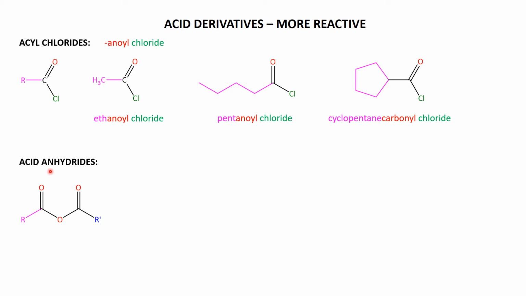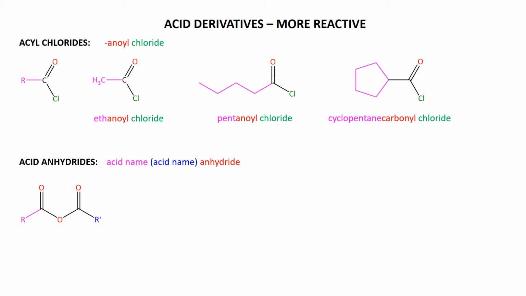So it's 2 acids put together that have lost water, hence the anhydride. If acyl chlorides are the most reactive acid derivatives, which they are, acid anhydrides are the second most reactive. Again, you have to be very careful. If you have these close to water, then they will readily hydrolyze and get back to just the 2 acids again. Both of these are very reactive with water, so you have to keep them away from water.